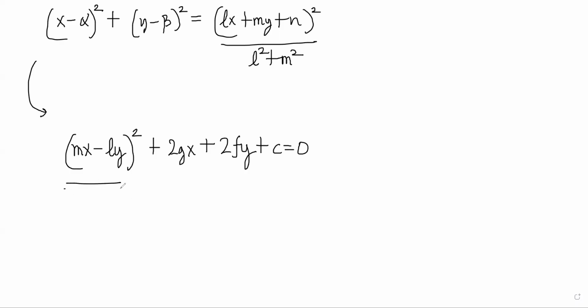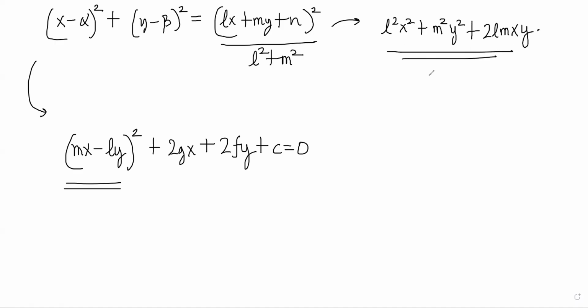Why am I saying it can be converted like this? Notice from this side, what are the square terms that you are getting? L square x square plus m square y square. And you are getting a 2Lmxy right here, correct? These are the quadratic terms on the right hand side.